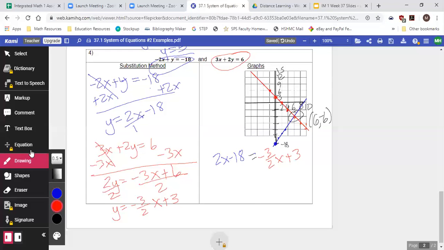Then solve for x, and we will add 18 to both sides. 2x equals -3 halves x plus 21. And then we add 3 halves on both sides, which is the same thing as 1.5.